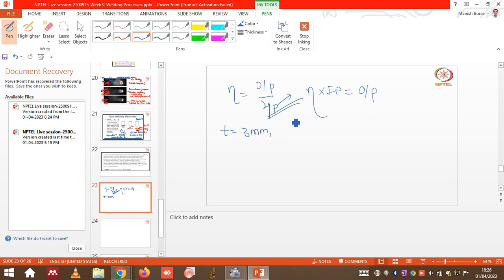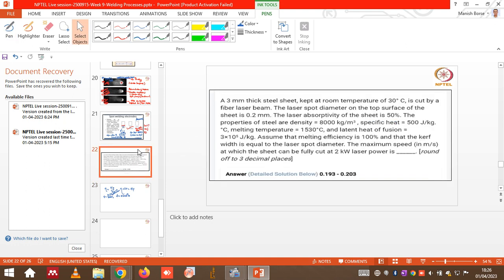Laser beam diameter is 0.2 mm, meaning 0.2 into 10 raised to minus 3 meter. Here also we can consider minus 3 meter.